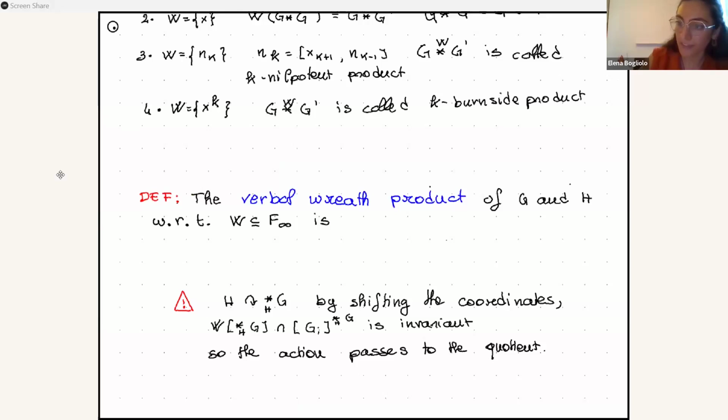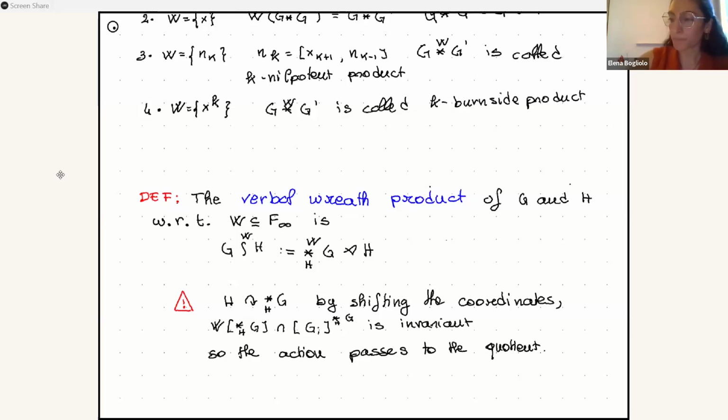The verbal wreath product of G and H is defined as the verbal product with respect to W of H copies of G, semi-direct with H, and we denote it with the same symbol, but with the W on top. Also, in this case, the action of H on the copies of G is by shifting the coordinates, and this is allowed because the denominator is invariant with respect to the action by shifting the coordinates.